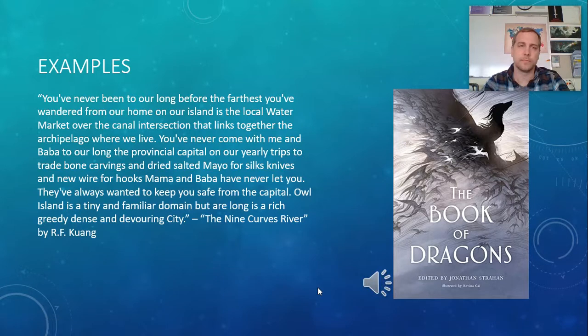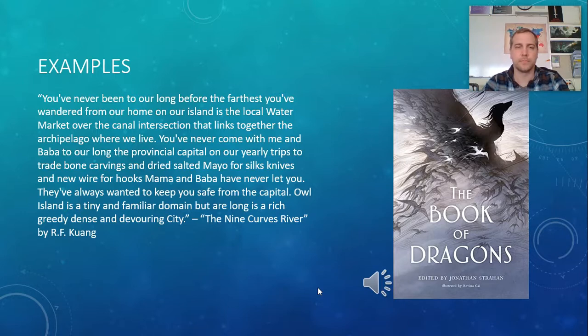You've never been to Arlong before? The farthest you've wandered from our home on Owl Island is the local water market, over the canal intersection that links together the archipelago where we live. You've never come with me and Baba to Arlong, the provincial capital, on our yearly trips to trade bone carvings and dried salted mayo for silks, knives, and new wire for hooks.